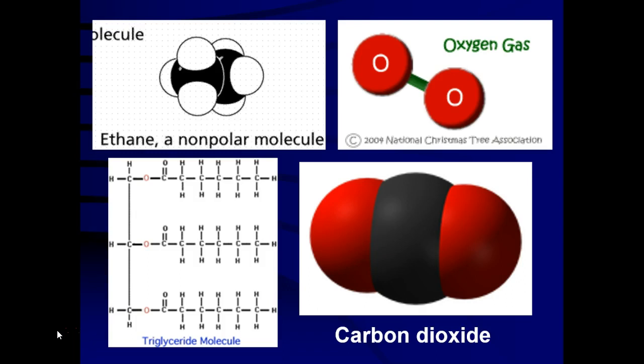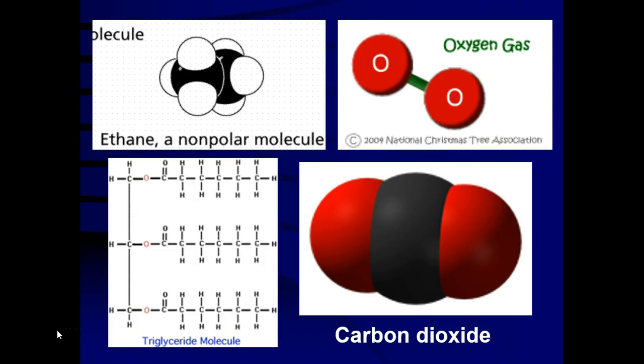Now, if you look on the periodic table, electronegativity, you'll notice that the carbon and the hydrogen are fairly close when it comes to their electronegativity. Carbon is just a little bit more attractive, but it doesn't make any difference.